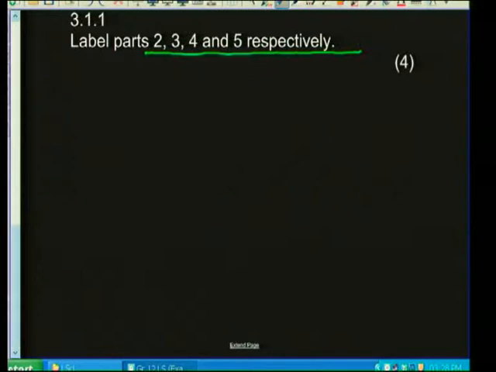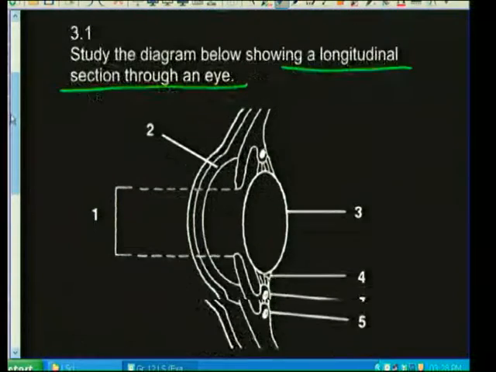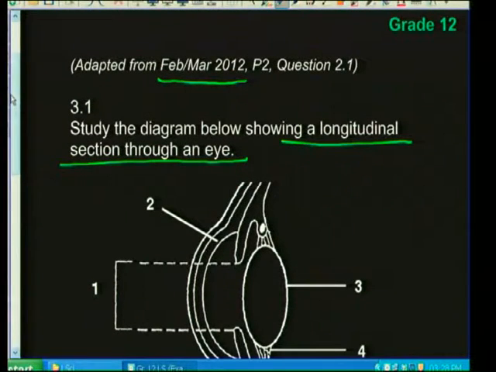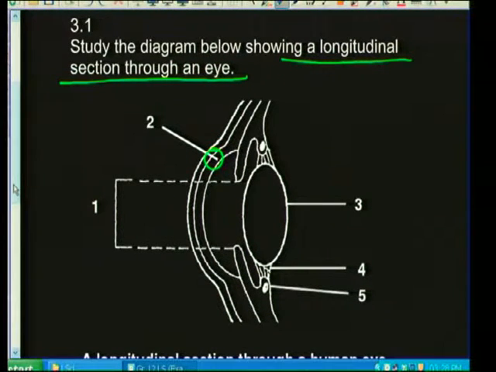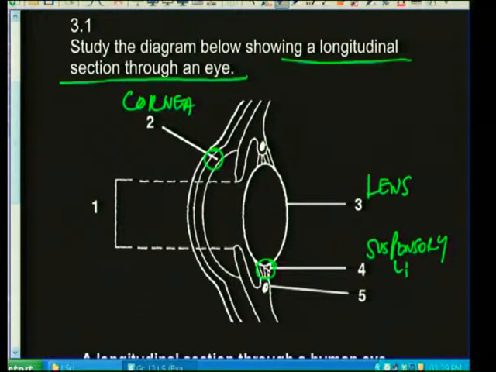Again, remember, you're going to write 2, 3, 4, and 5, and you're going to write your answers there. We're going to do it on the diagram. 2, 3, 4, and 5. The structure that's coming down there, around that area, this one here, would be the cornea. 3, that's an easy one, the lens. 4, the structures that hold the lens to this structure here are known as the suspensory ligaments.